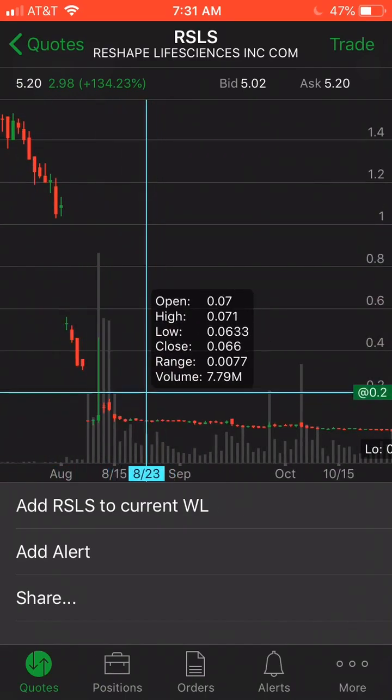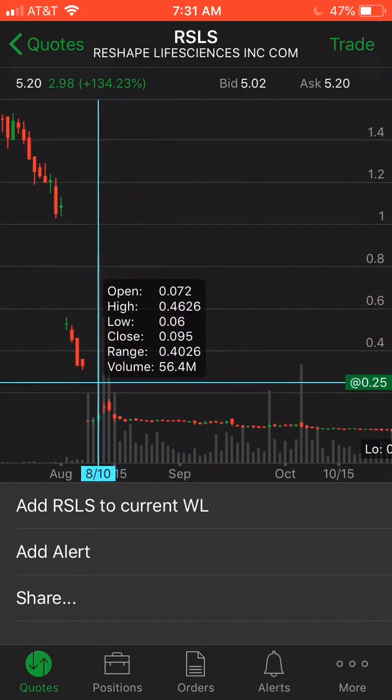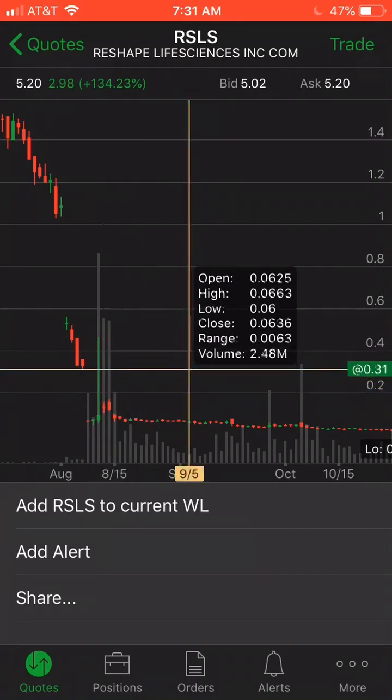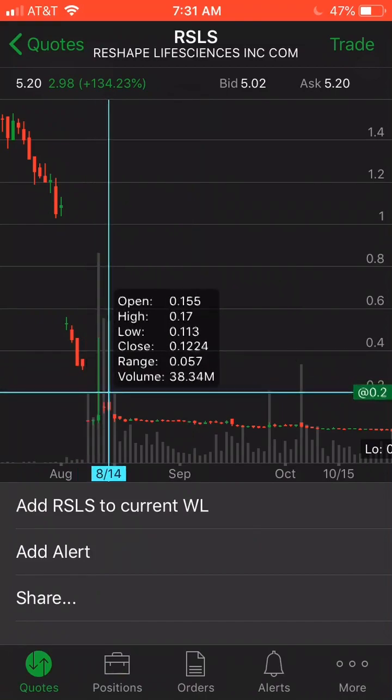And on this day here, 50 million volume was traded, and the low was like 6 cents, and the high was all the way to 46 cents, so that is a huge move. But it didn't hold its gains.